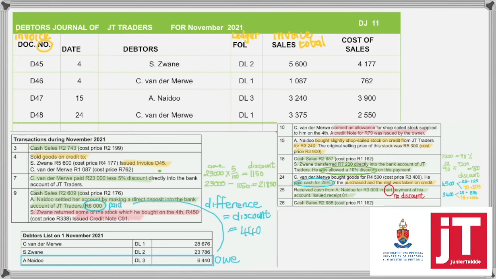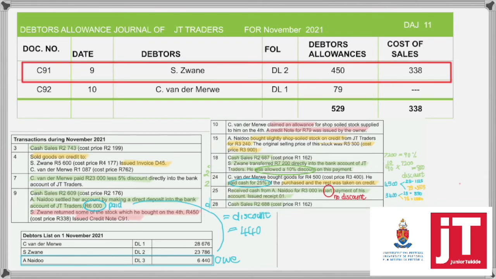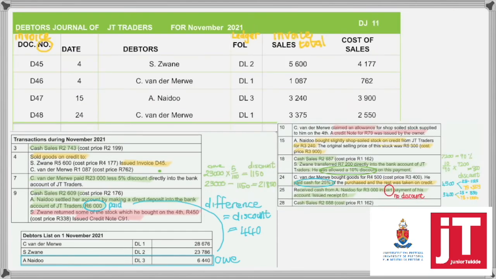So on day 4, we had two transactions, S. Zwane and then C. Van der Merwe, and we just posted normally 5,600 in sales for Zwane, and the cost of that was 4,177 rand.